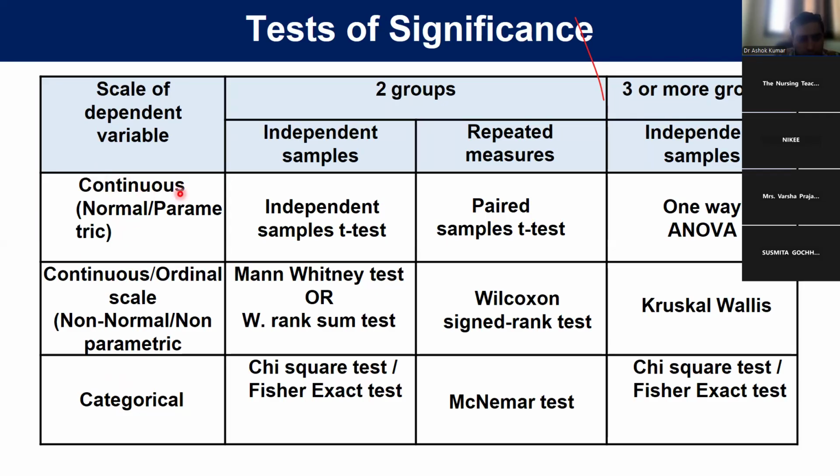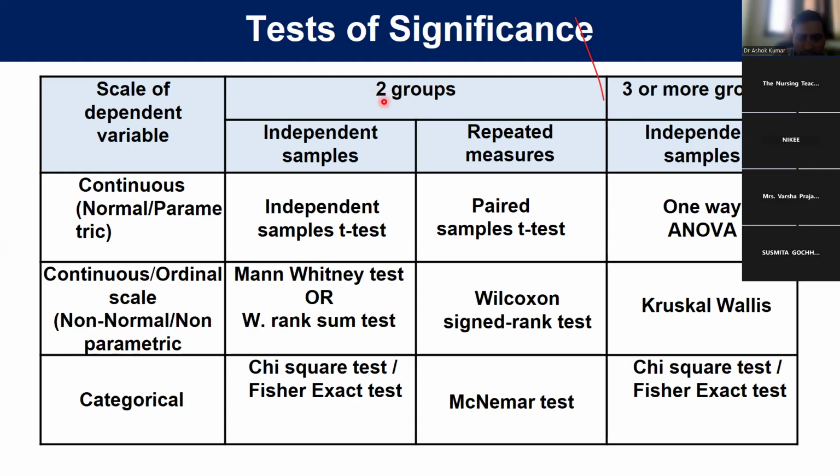If continuous, it is either normal distribution or not normal distribution. If it is normally distributed, it is called parametric. If it is not normally distributed, it is called non-parametric. In non-parametric there is also the ordinal scale or ordinal variable, like mild, moderate, severe, pain score, and other ordinal scores, or continuous data that is not normally distributed.